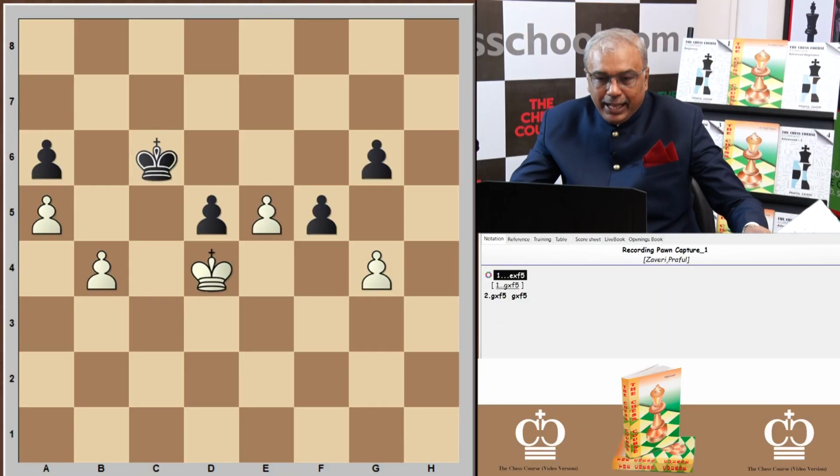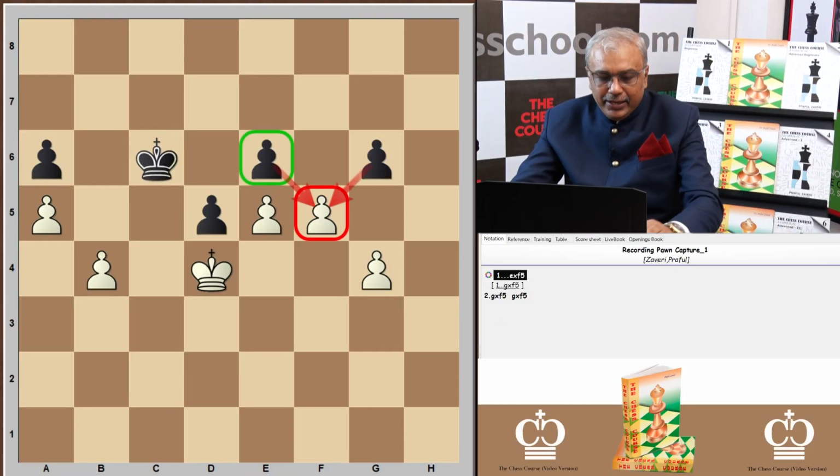So I will show you 5 examples which will help you in getting acquainted to record notation for a capture with a pawn. Example number 1: it's the turn of black and he decides to capture the white pawn on f5 with his pawn on e6.